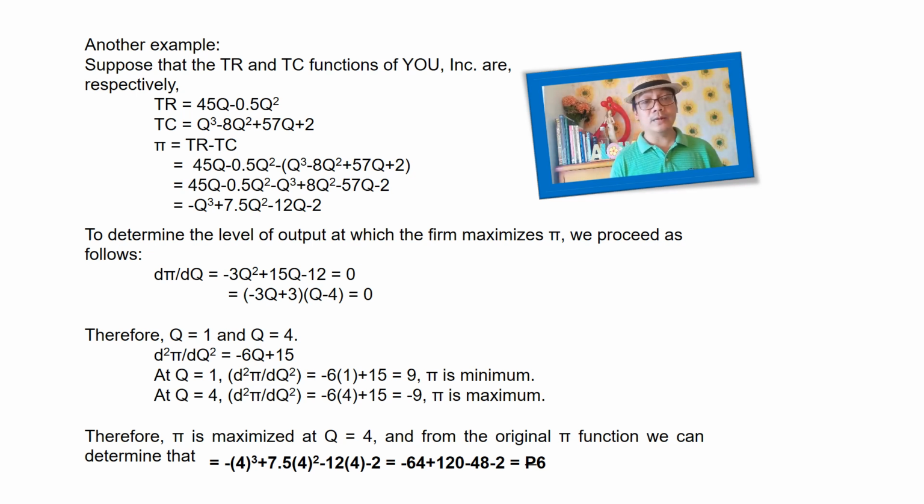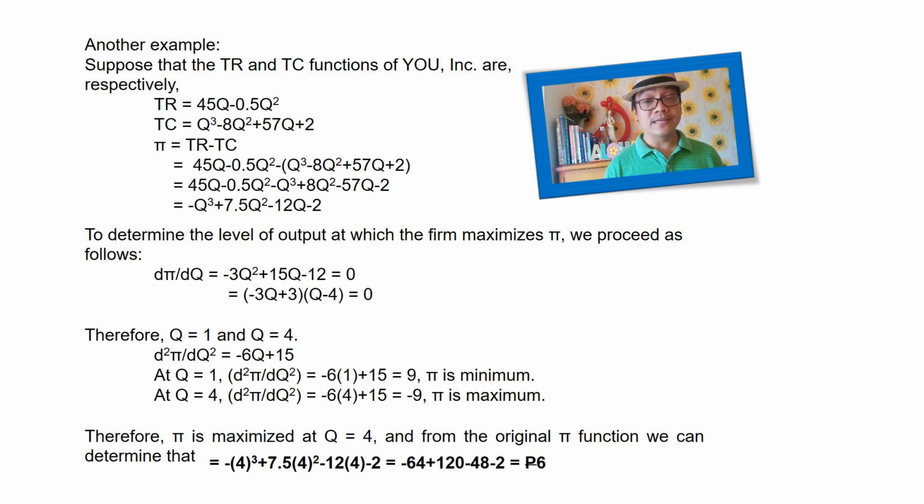Now, to determine the level of output at which the firm maximizes profits, we proceed as follows. We simply derive the first derivative of the profit function. d pi over dq equals negative 3q squared plus 15q minus 12, equated to 0.